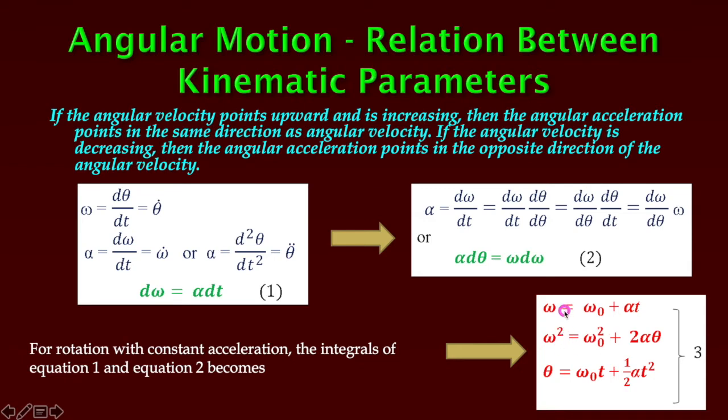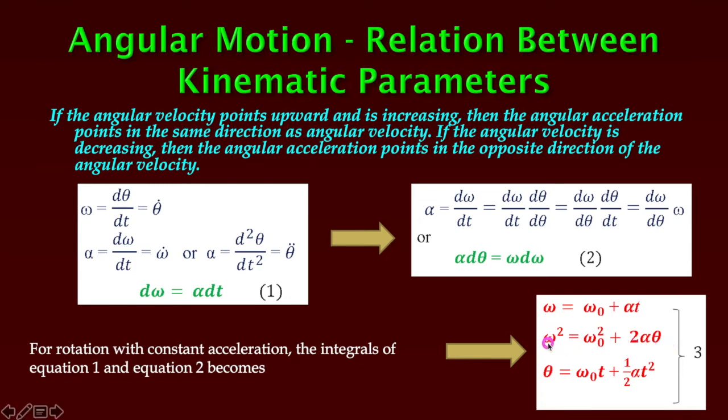Now integrating these equations, we have omega equals omega naught plus alpha t. At the initial condition, when time is 0, the suffix indicating the time, let's consider the angular speed is omega naught. For this rigid body rotational motion, there is a constant angular acceleration alpha. If so, then omega equals omega naught plus alpha t, and omega square equals omega naught square plus 2 alpha theta.